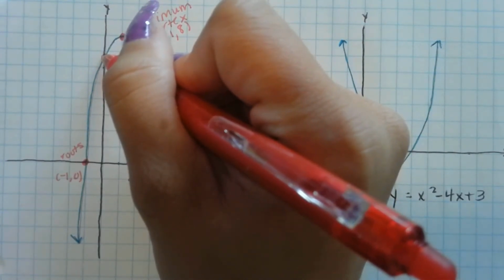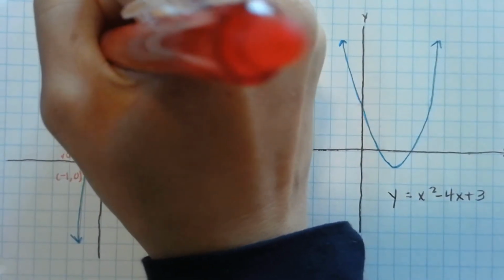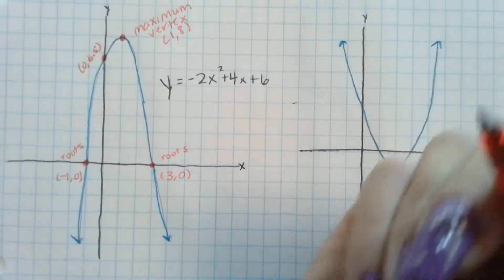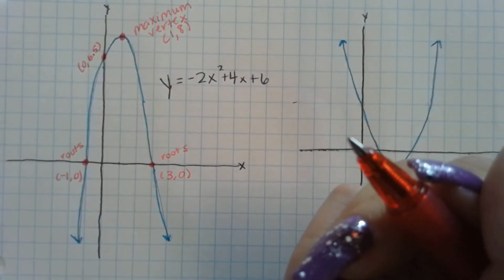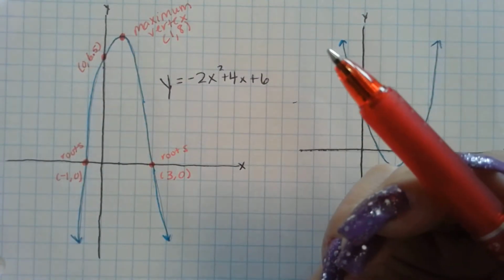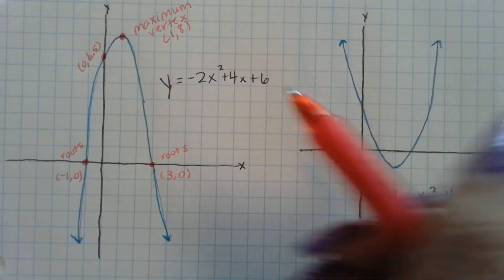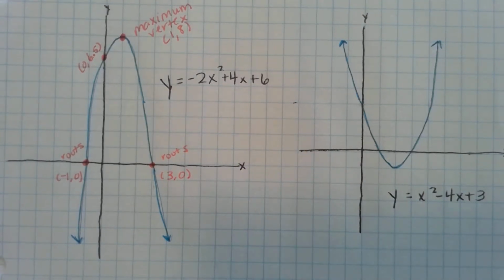So it's like 0, comma, 6.5, because it's kind of in between 6 and 7.